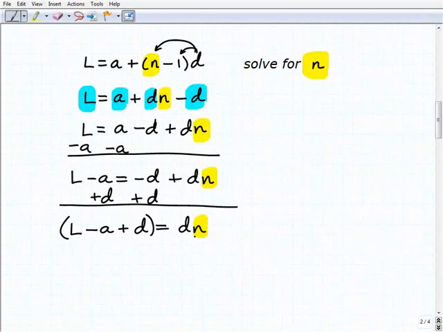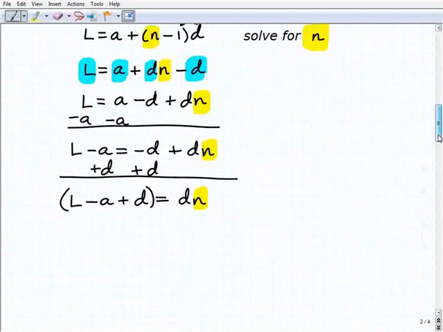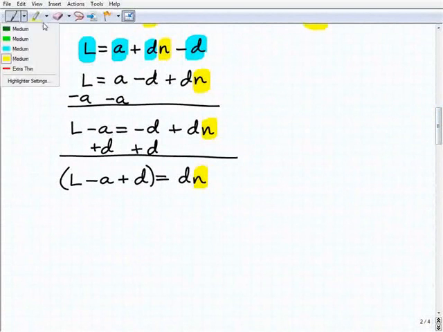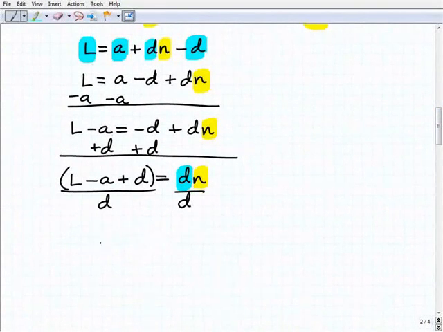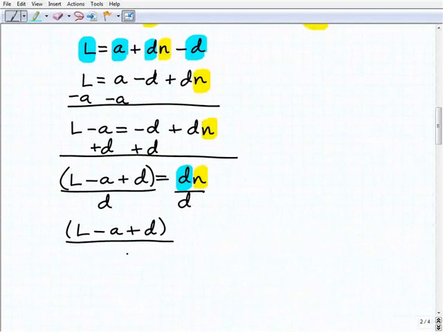To solve for n, to get n by itself, all I need to do is divide both sides of the equation by this d. I want n by itself. I don't want dn, so I'm going to divide both sides of the equation here by d, and I will get n. So this is going to be L minus A plus D, put parentheses around that, over D equals N. So there you go.